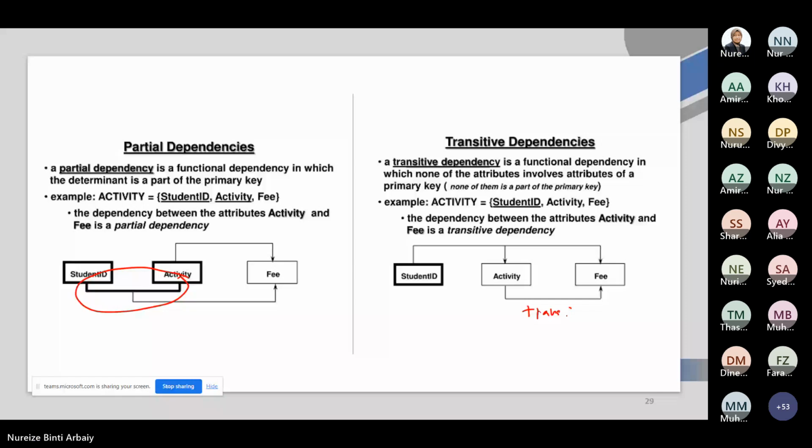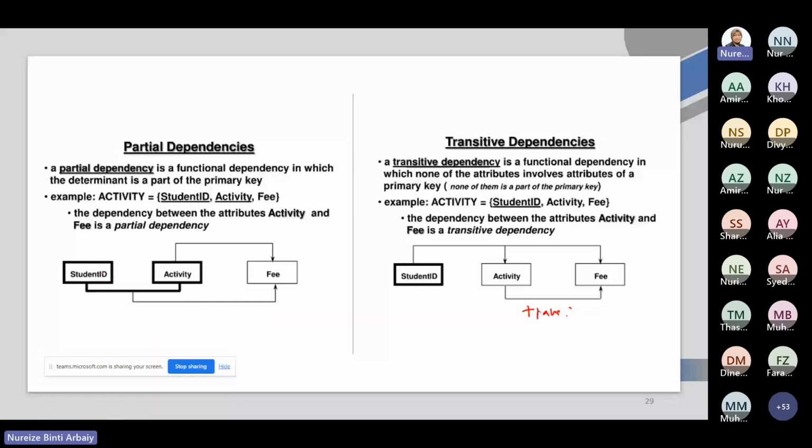Okay. Look again, I explain to you. Look here. These two are used to identify this one.